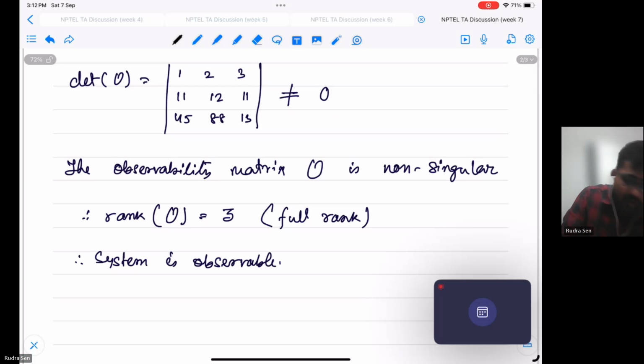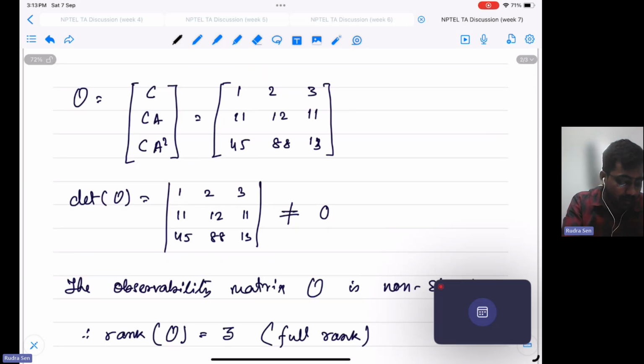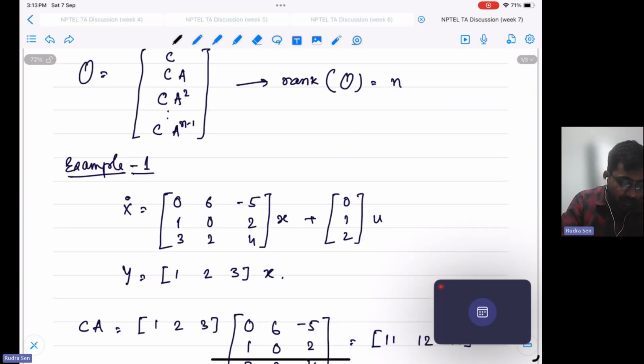Full rank. Therefore, the system is observable. So observable, what does it mean? It means that, let's say in the case of this system, we are basically extracting one output, or a linear combination of outputs, but we require the system states.